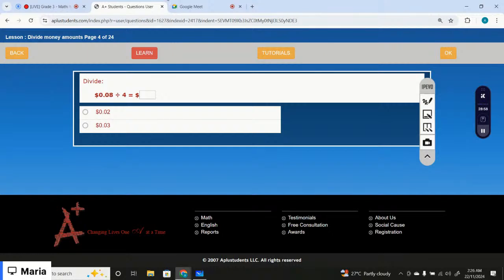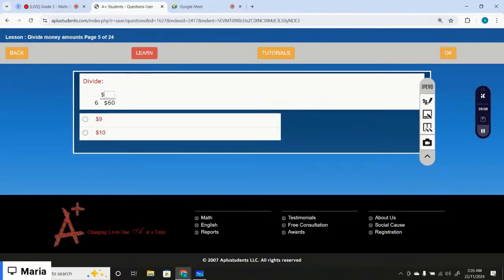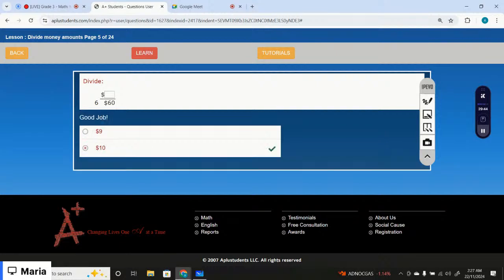That is 0.02. Option number 1 is the correct option. That is option number 2 is the correct option.